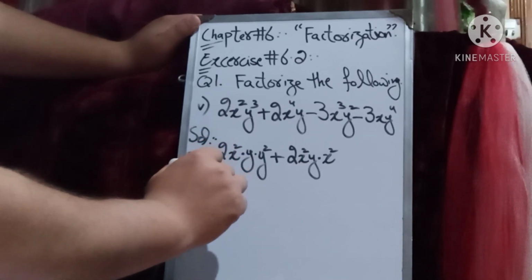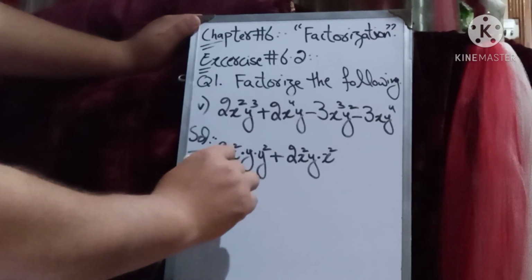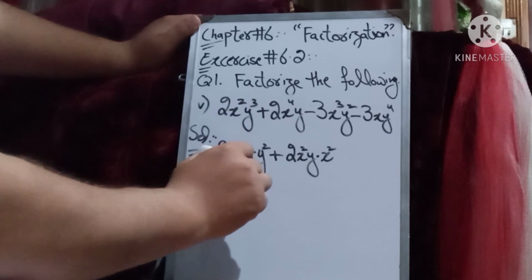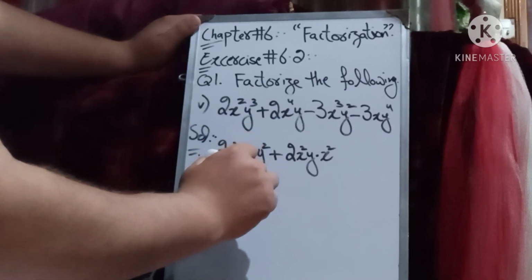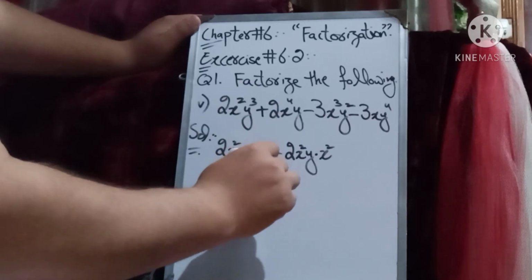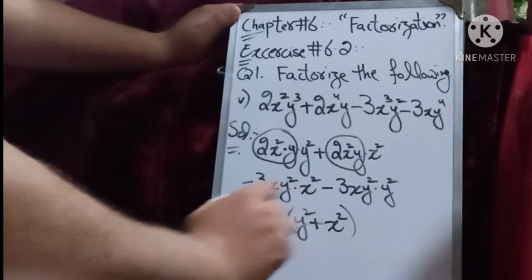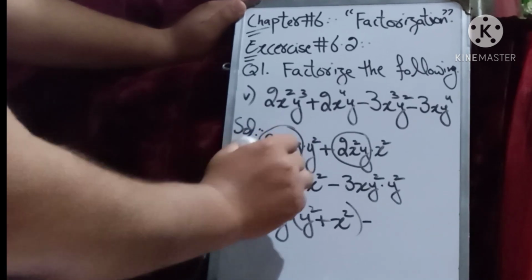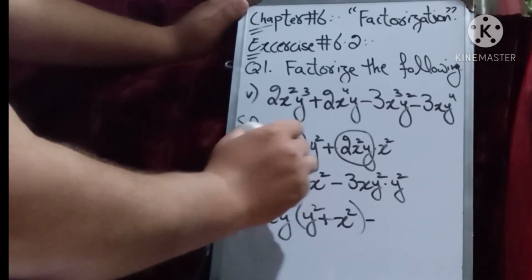Minus 3xy square is the common factor. Multiply it with x, with x square, and then minus 3xy square multiplied with y square.